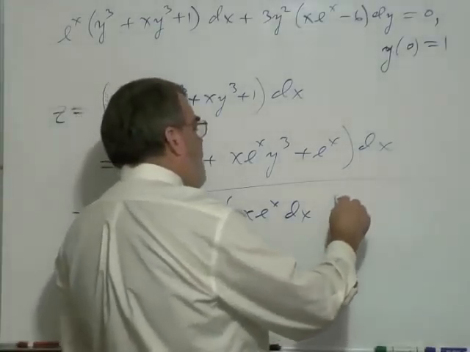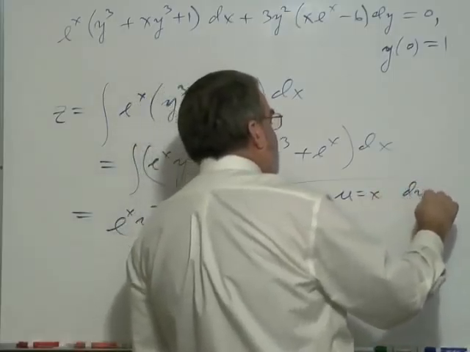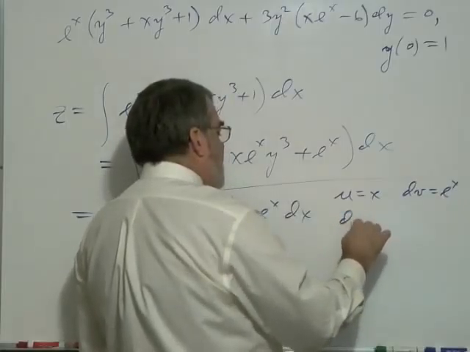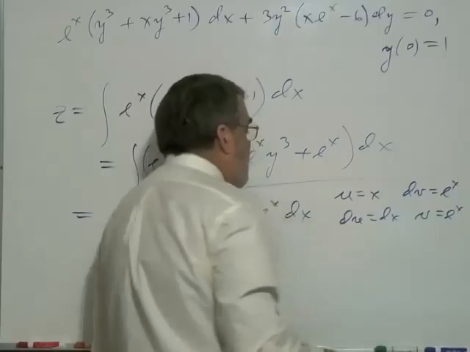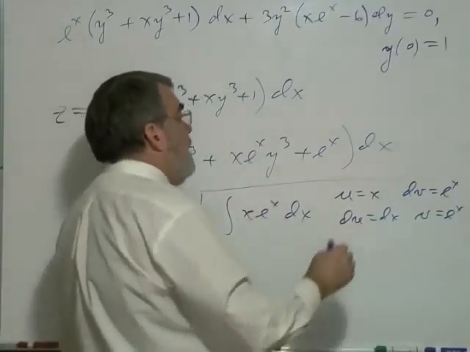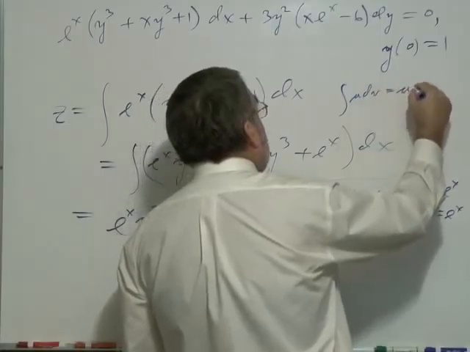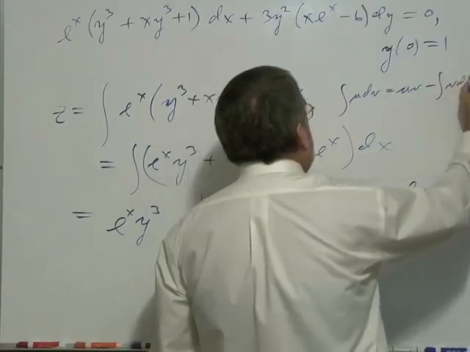So you let u equal x, dv equal e to the x, then du is dx, and v is e to the x. Remember, integration by parts: the integral of u dv is equal to u times v minus the integral of v du.